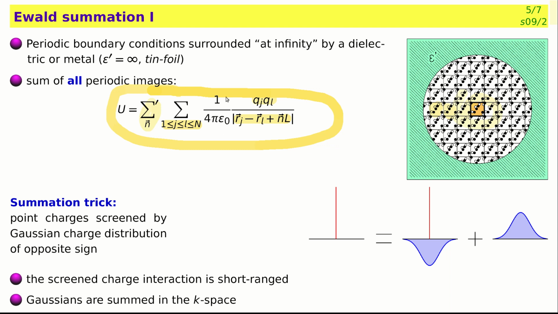It means that such a sum will converge very fast. But of course, I must fix it because I added some extra charges. But these extra charges are smooth, and they can be summed up in the K-space, in the reciprocal space, that is like waves. If you don't understand it in detail, doesn't matter.